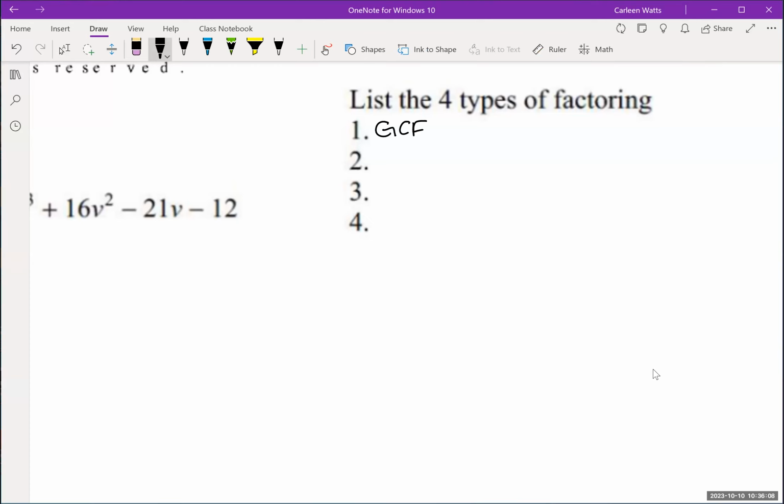You might factor out the GCF and then do the other ones. Difference of 2 squares. If you only have 2 terms, it has to be one of those. You could do GCF with more than 2 terms, but if you only have 2 terms, it has to be one of those.